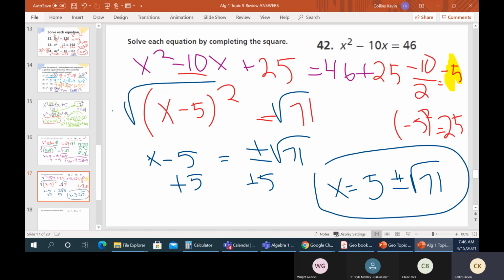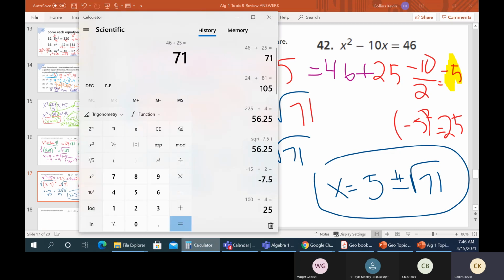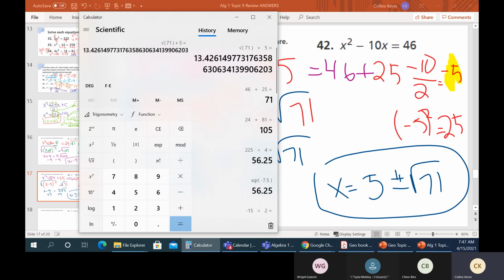Right? And again, like I said, if you want a vibe for 71, if we square root it, 8.42. So as we predicted, something between 7 and 8. Okay. So we get that 8.42, if we add 5 to it, so our one answer is going to be 13.4. And then we subtract the 5 to get back to our original.